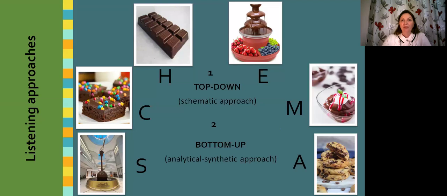Top-down approach relies on our prior knowledge, and schema is important to be activated before listening so that it is easier for our students. So we need to activate their schema by showing them photos or talking about familiar, similar topics. Bottom-up processing is usually used while listening for details such as weather forecast. We listen for certain details.